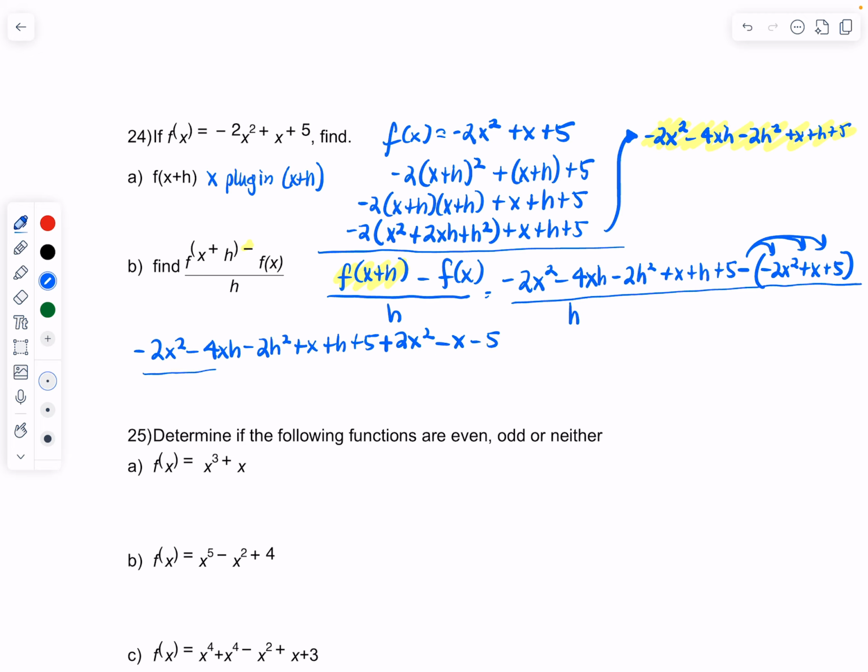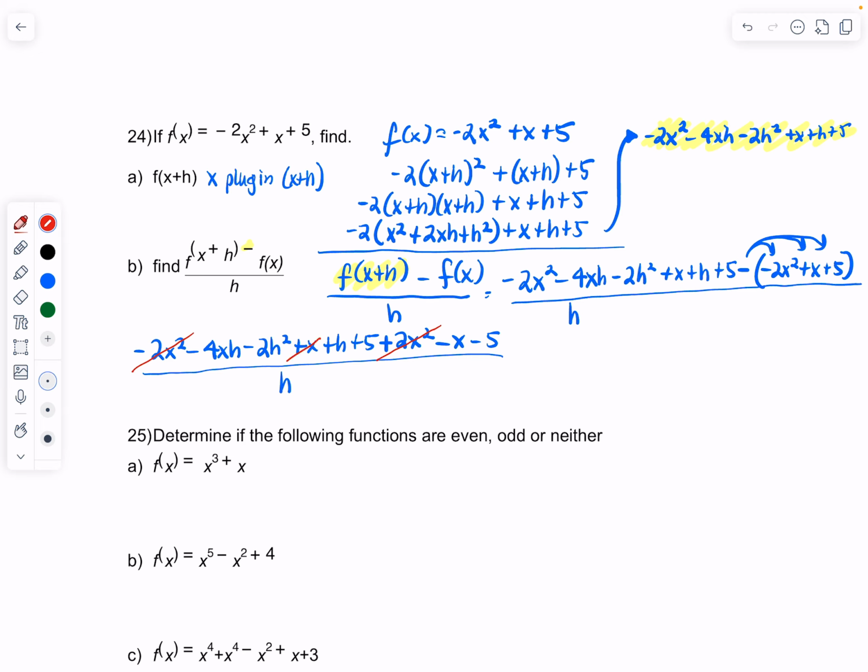Now at this point, once you subtract off the original function from f at x plus h, things are going to cancel out. When I say that, I mean they zero out. So negative 2x squared plus 2x squared cancel each other out because it becomes 0.